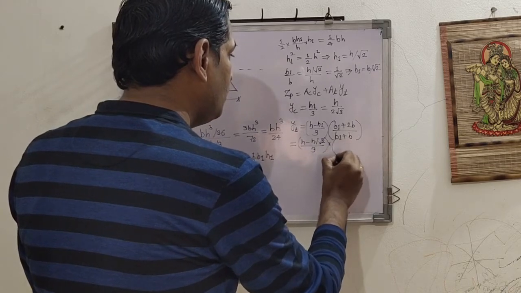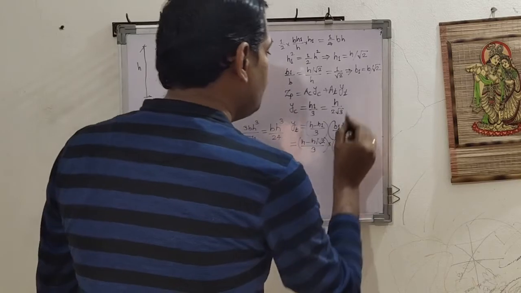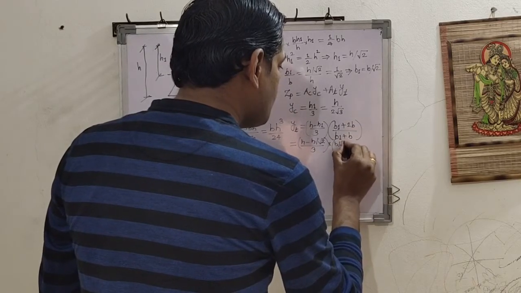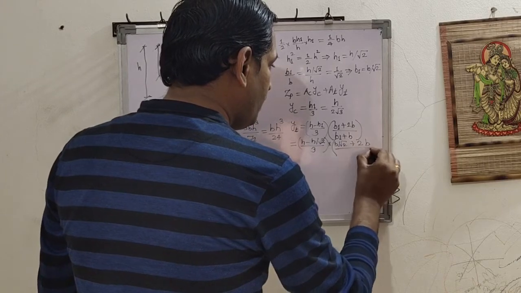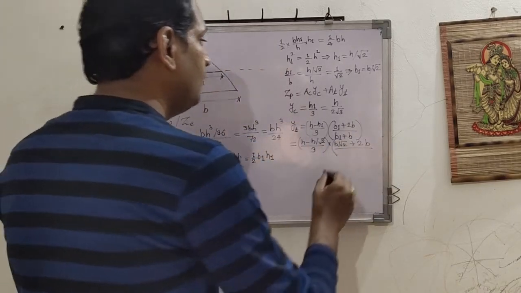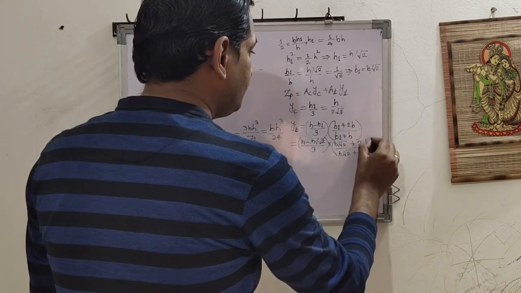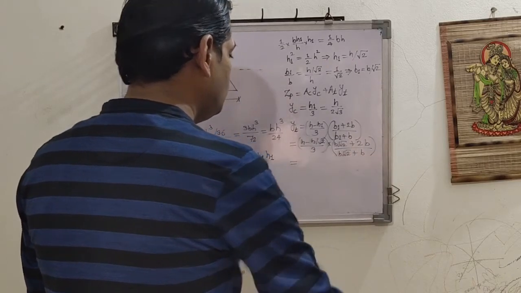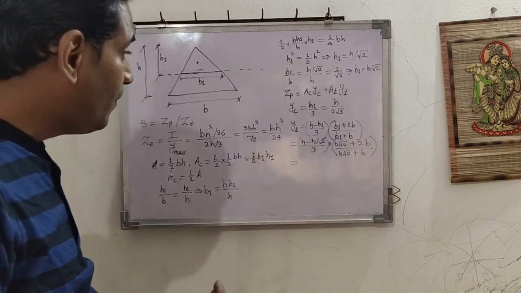multiplied by b1. What is b1? b1 is b by root 2 plus 2b divided by, again b1 is b by root 2 plus b. Now you simplify this.